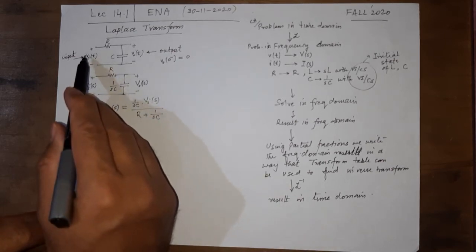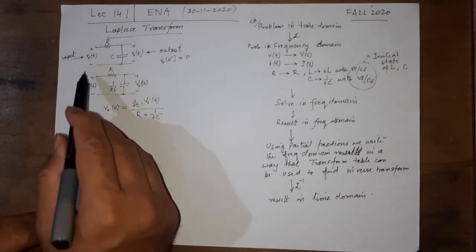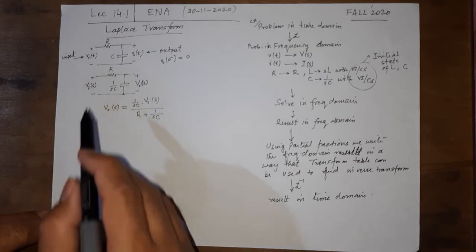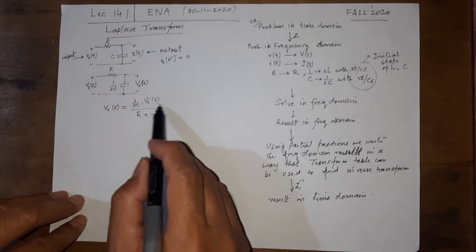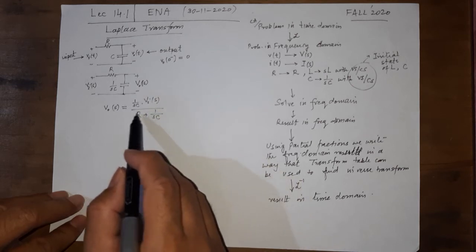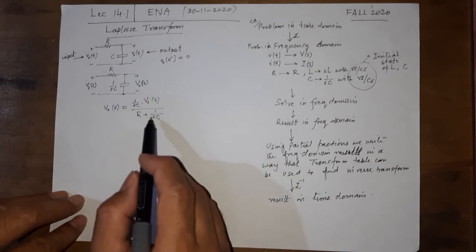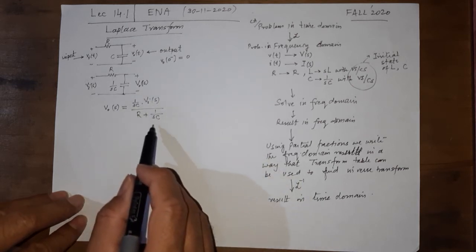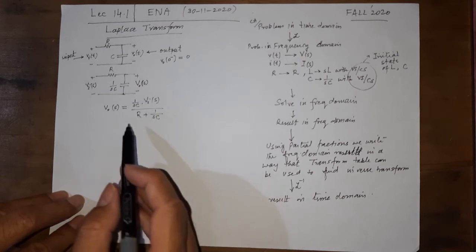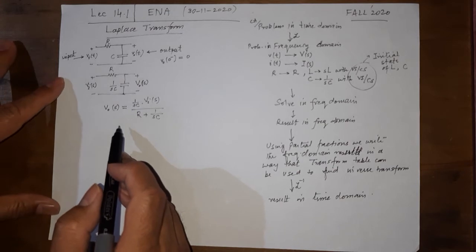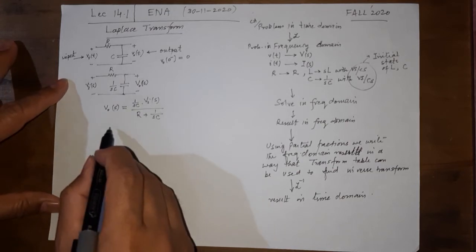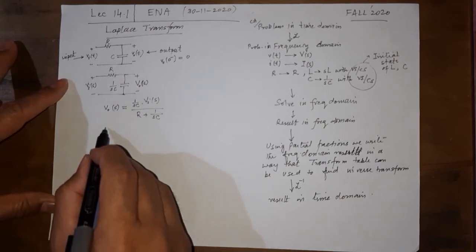And if this had been a sinusoidal source, we would have obtained the corresponding expression here. Then we could use partial fractions to elaborate on this and find ultimately the output in the frequency domain.